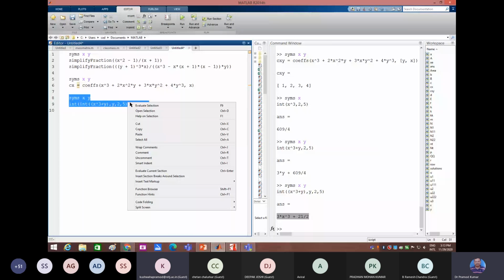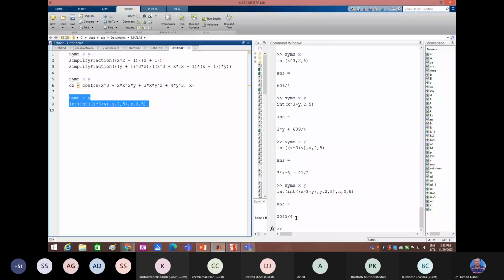Now we can find the answer here. First it is integrated with respect to y, and then whatever expression comes, after that we integrate with respect to x and put the limit 0 to 5.